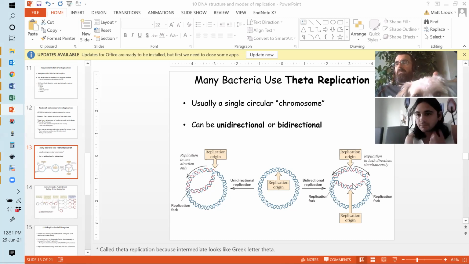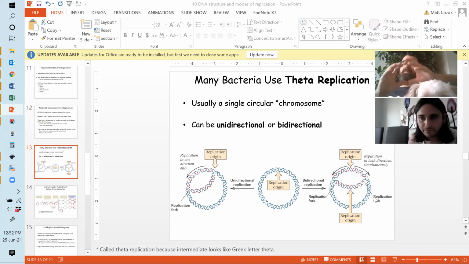And what you see with the two replication forks is a replication bubble. That just expands and expands until eventually you have the two new copies of the DNA.